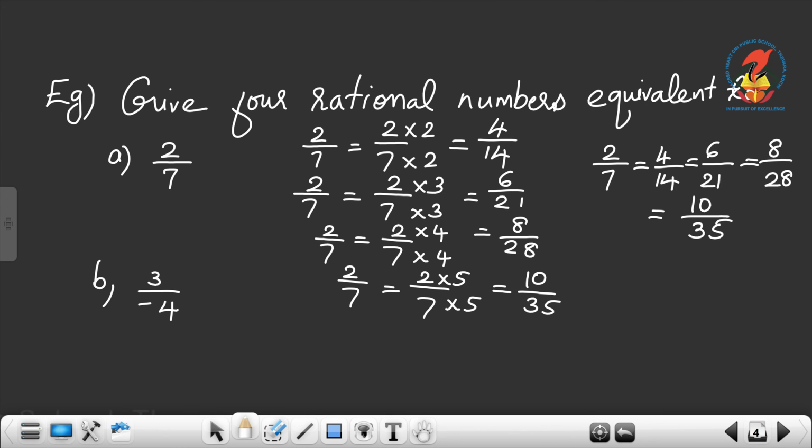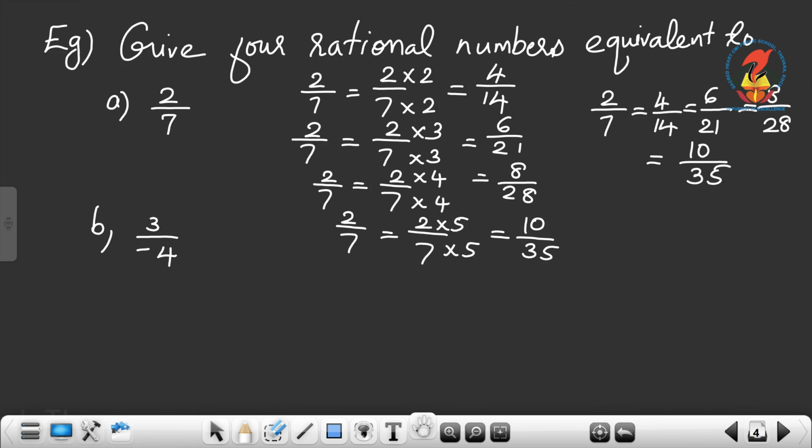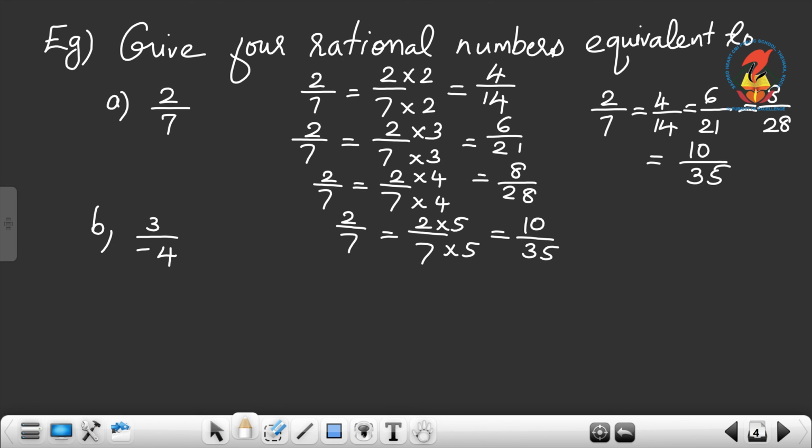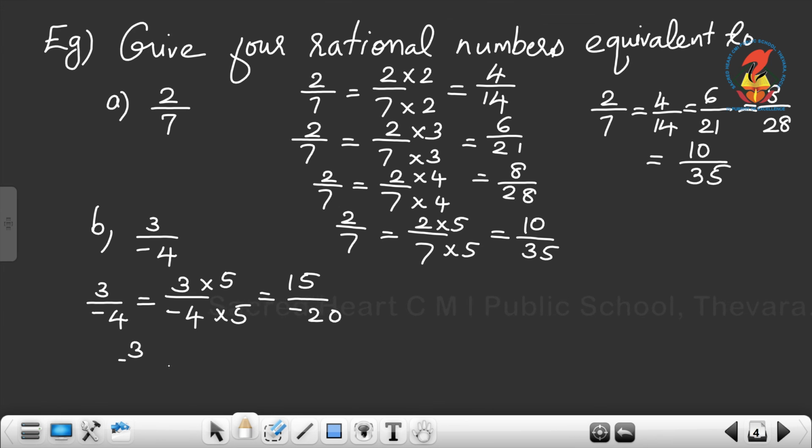Now find 4 equivalent rational numbers for 3 by negative 4 also. So 3 by negative 4 equal to 3 by negative 4 into, we can multiply with any non-zero integer. Then we can say 15 by negative 20. Then 3 by negative 4 is equal to 3 by negative 4 into 2, equal to 6 by negative 8.